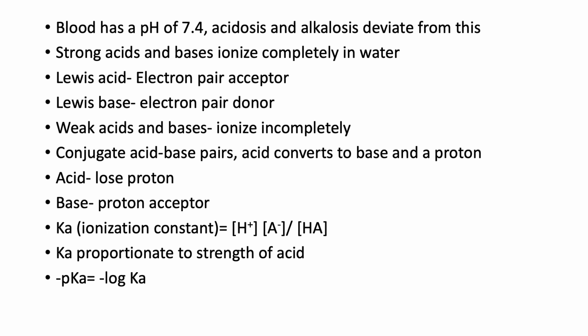Weak acids and weak bases will ionize incompletely, whereas strong acids and strong bases ionize completely. And the weak, incomplete ionization is what's characteristic of the equations that we'll be reviewing in this particular section. You get conjugate acid-base pairs, and they convert to bases and protons. So for any substance, if you have a very low pH, there are going to be no negative charges.